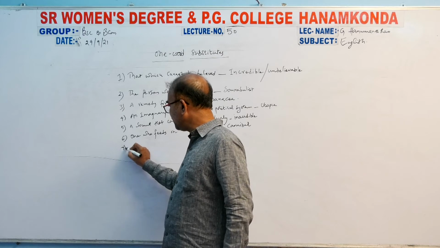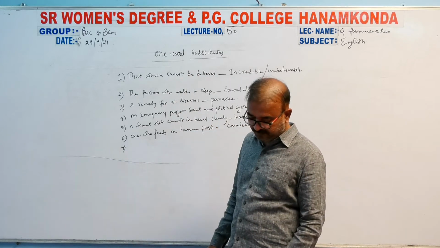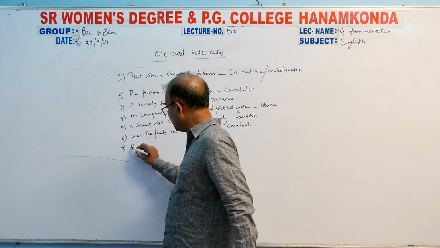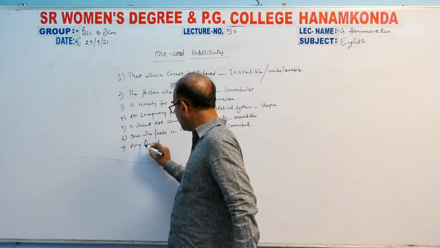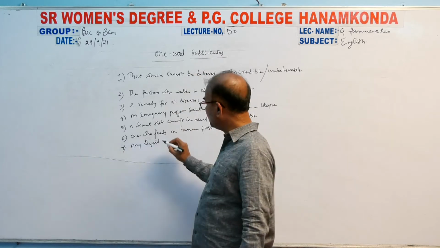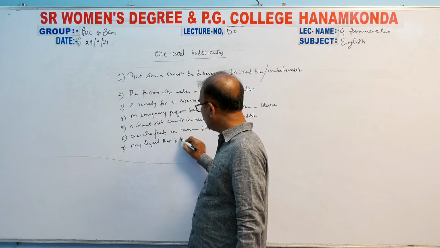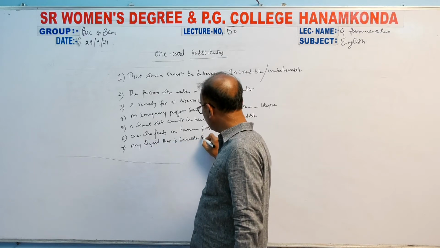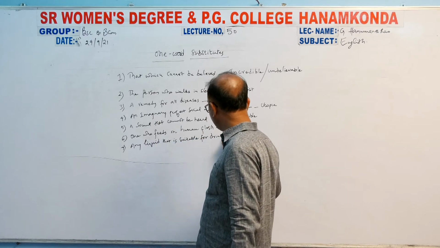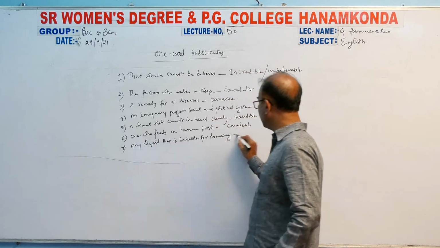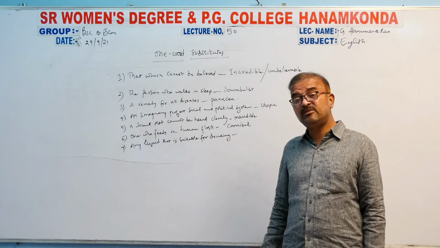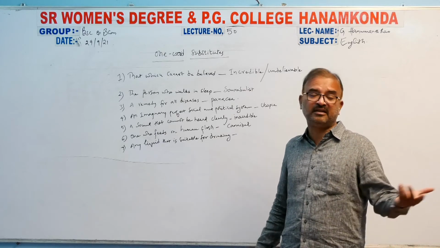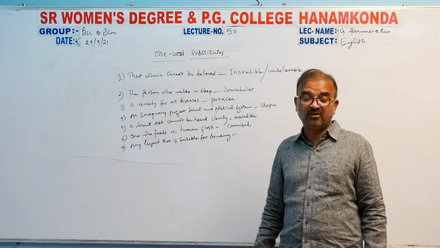Seventh one. Right. Any liquid that is suitable for drinking, that means any liquid that is eligible to be drunk by us, be it water, be it any cool drink, or be it any other kind of intoxicating drinks as well.